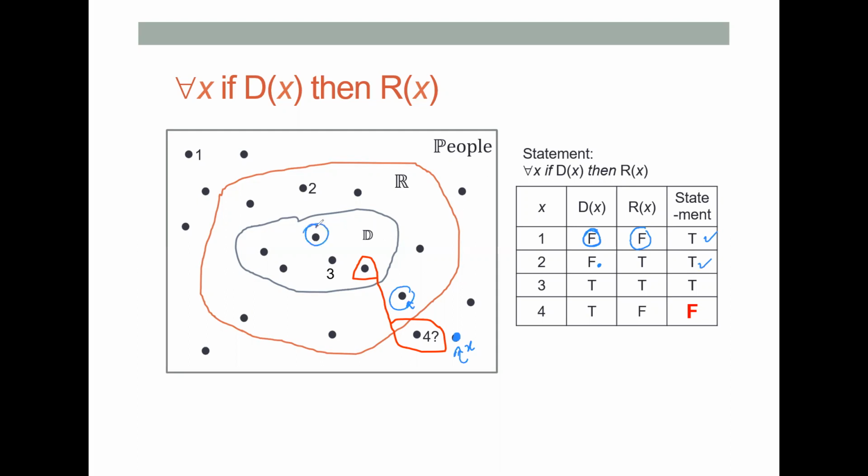But if you mean like this x can drive, and of course x is inside the set of R, which means that R of x is also true, which means that x can reach the station, so this is true.